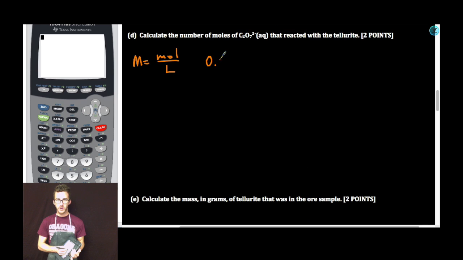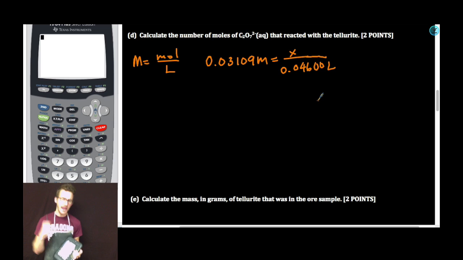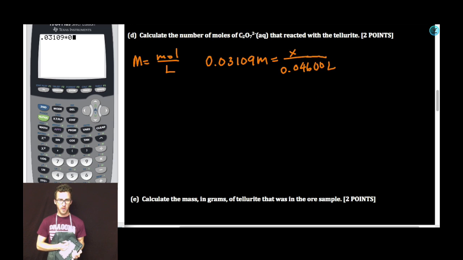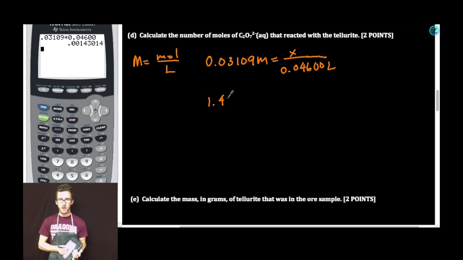So 0.03109 molar is equal to X over 0.04600 liters. Calculator! 0.03109 times 0.04600. That gives me 1.43 times 10 to the minus 3 moles dichromate ion total.